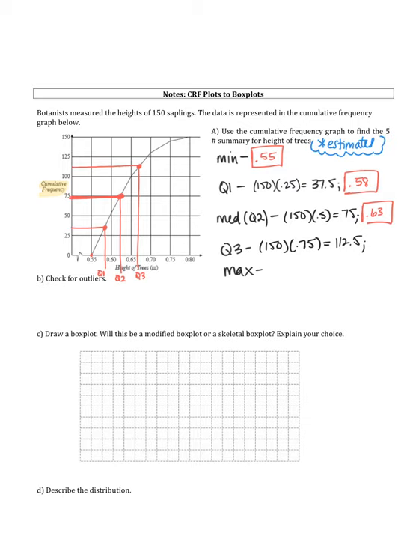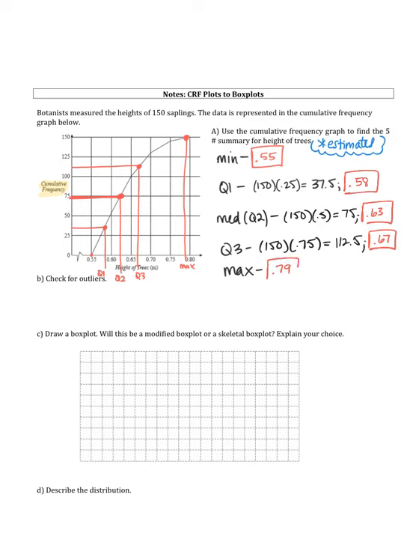There's Q3. It's kind of messy. I'm going to estimate this to be about 0.67. And my maximum, where 100% of the trees are, is about right here, which is about 0.79.